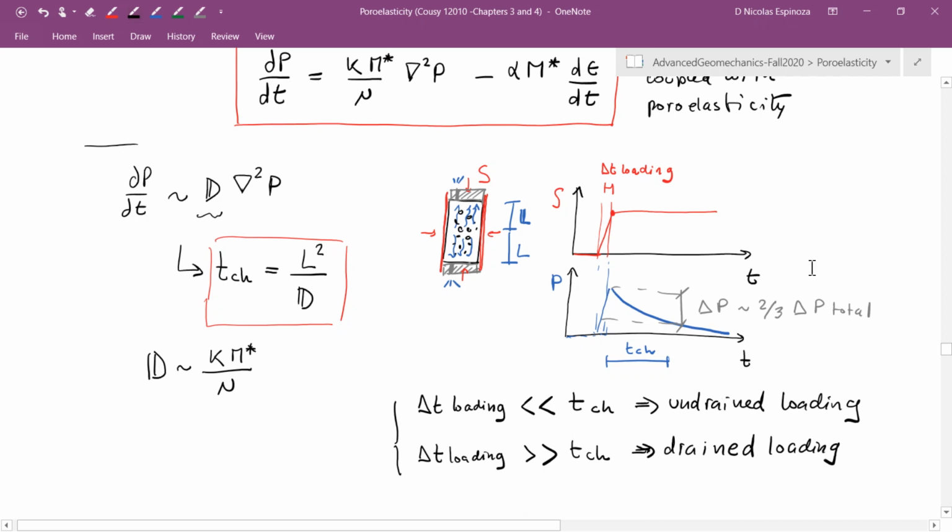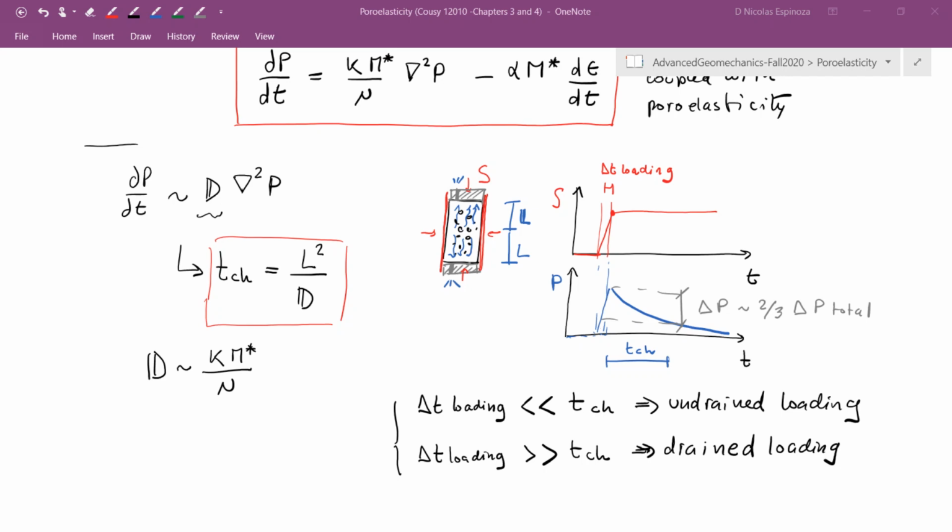Okay, let's see. We have a few more minutes before this video gets too long, and I have one example that I'd like to share with you here about the characteristic times for loading.